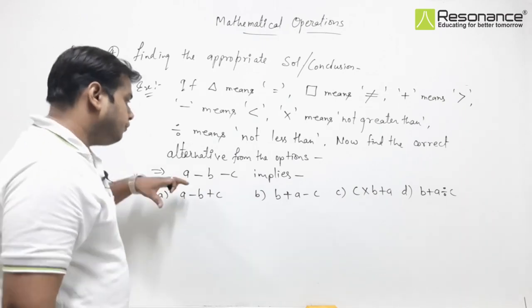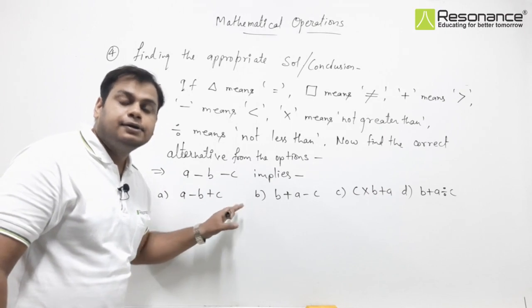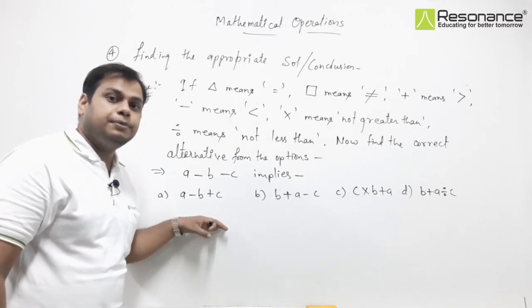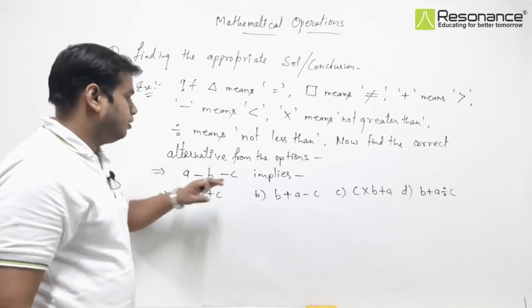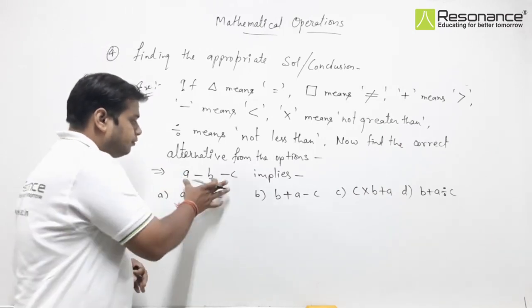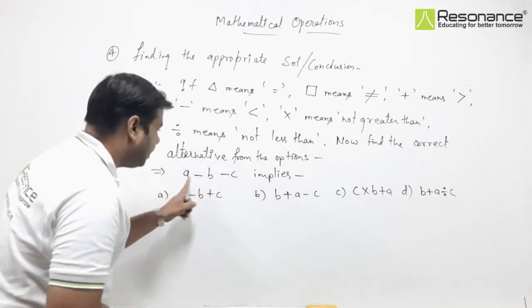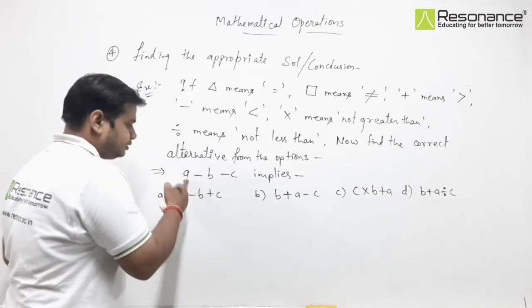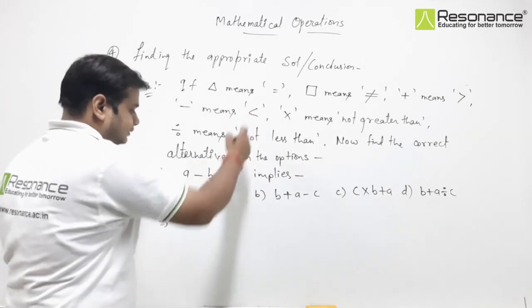Okay. Now we have to find the correct alternative from the options that completely follows or nearly follows this condition. Now the condition says A minus B minus C. So first understand this condition. Minus means less than.